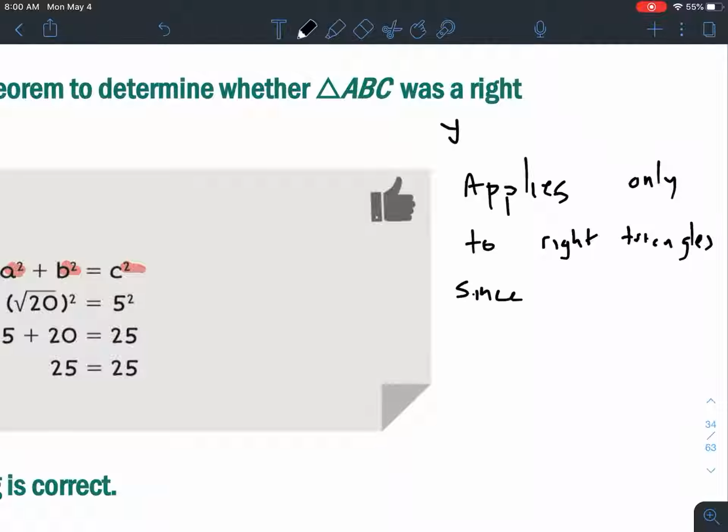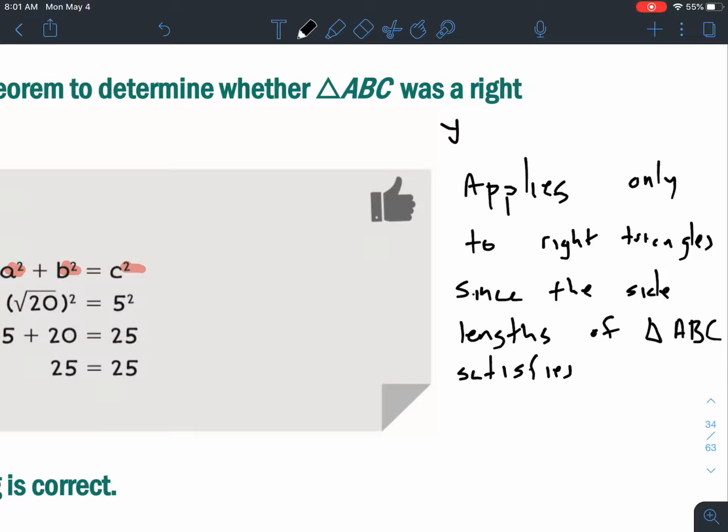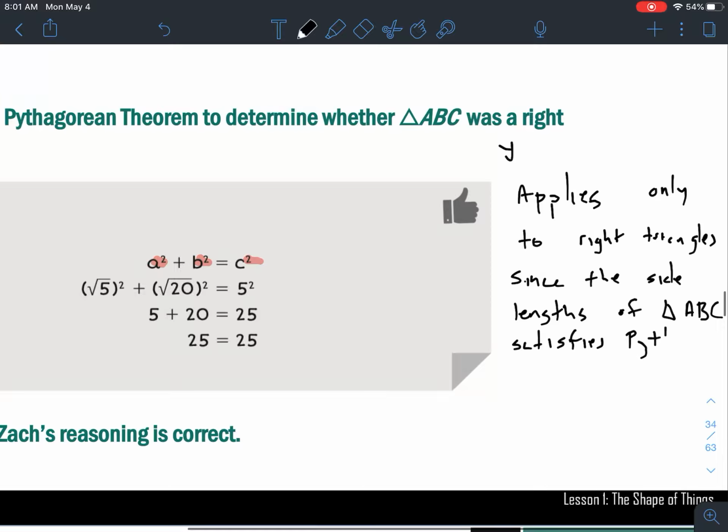Then since the side lengths of triangle ABC satisfy the theorem, that triangle is a right triangle.